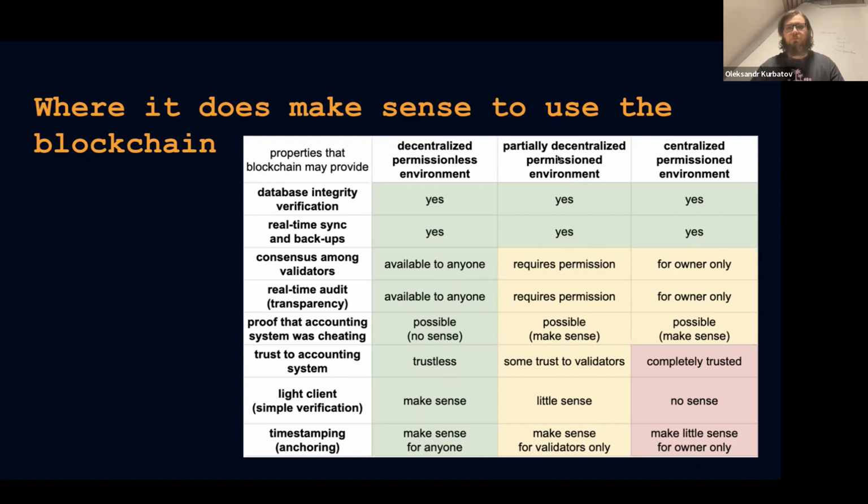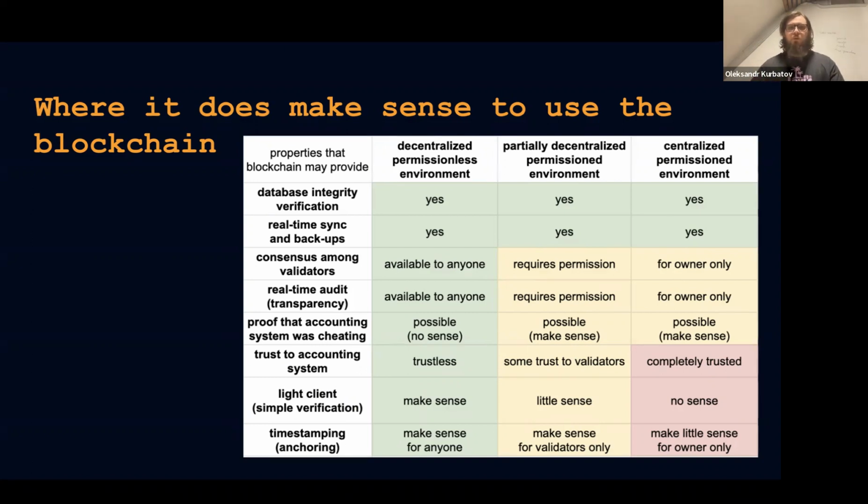In a permissioned decentralized system, real-time audit also requires permissions. It means that you can have your own accounting system for some quorum of banks, but you can provide the audit abilities only to designated parties, for example, the owners of these banks.